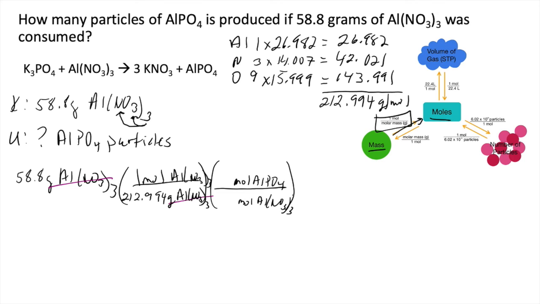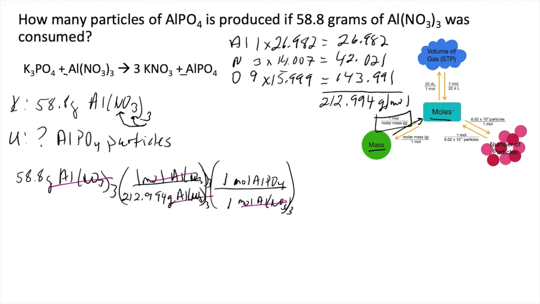To grab our numbers, we're going to go to the chemical equation and look at our coefficients. So for aluminum phosphate, we do not see a coefficient, and that's understood to be 1. And for aluminum nitrate, we do not see a coefficient, and that is also understood to be 1. This will allow us to cancel out moles of aluminum nitrate, leaving moles of aluminum phosphate.